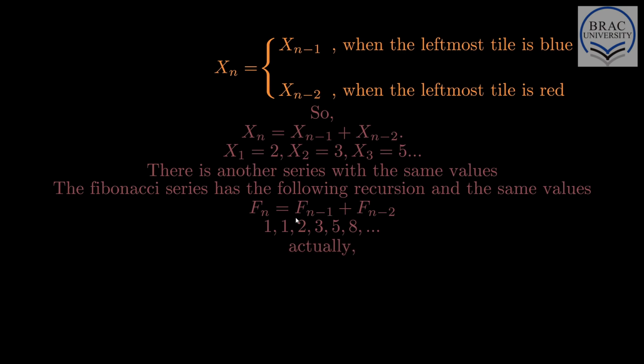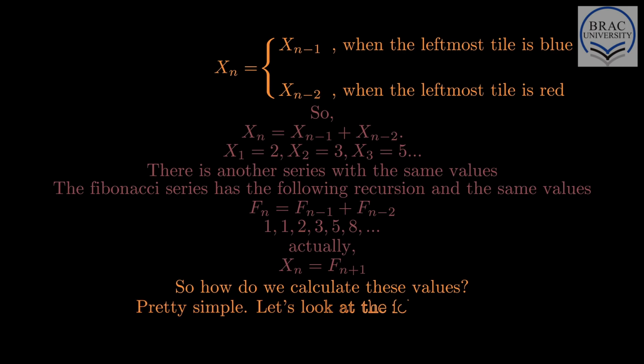Notice that x_1 equals f_3 and x_2 equals f_4. So from here we can say that x_n equals f_(n+2). So if we can calculate the values of Fibonacci numbers, from the Fibonacci series we can get the values of x_n.